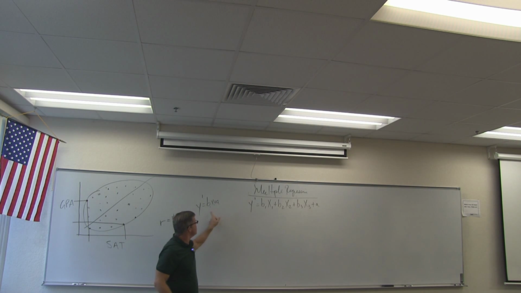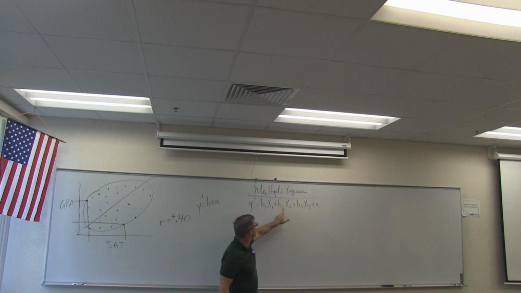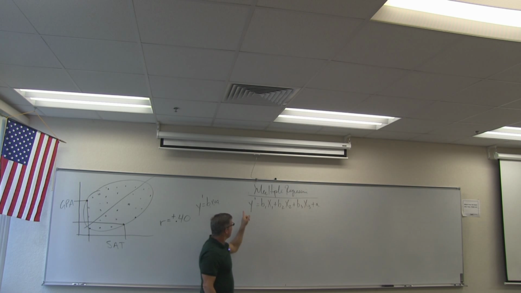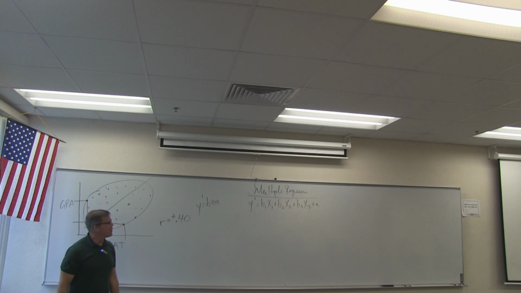This is just an extension of this. This just has more predictor variables. In multiple regression, we have multiple predictors predicting one outcome. And you see a lot of this in the scientific journals, because there's a lot of variables that can predict an outcome.